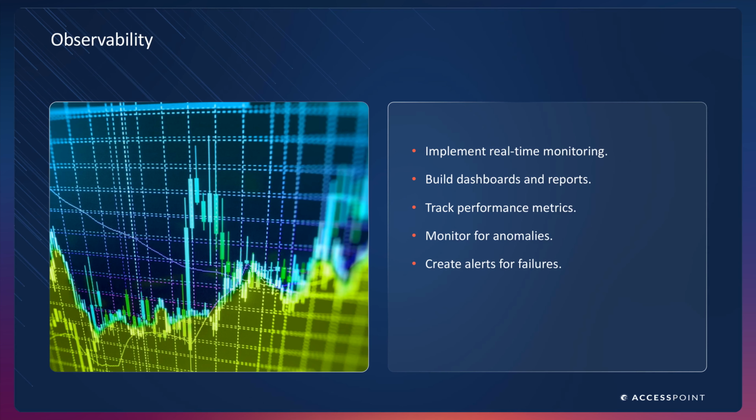scenario. Definitely. This topic's a little bit closer to my heart as a site reliability engineer. General observability is a best practice in all cloud situations, but on data backups especially, it's important to understand what's going on with your systems. Implementing real-time monitoring.